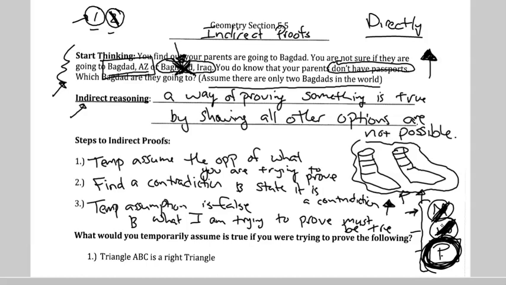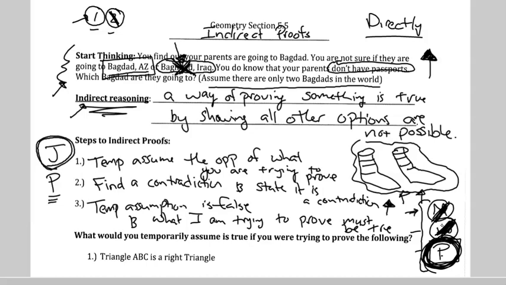So an easier example of this would be, let's say the only 2 people who lived at my house were my wife, June Lee, and me, Paul. Okay? If she was trying to prove that they were my socks, and she wanted to do an indirect proof, she would go over and temporarily assume that they are her socks.